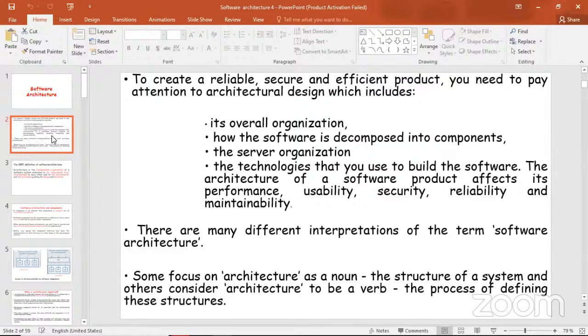So there are many different interpretations of the term software architecture. Now, some focus on architecture as a noun, right? The structure of the system. Another considers architecture to be a verb, the process of defining these structures.